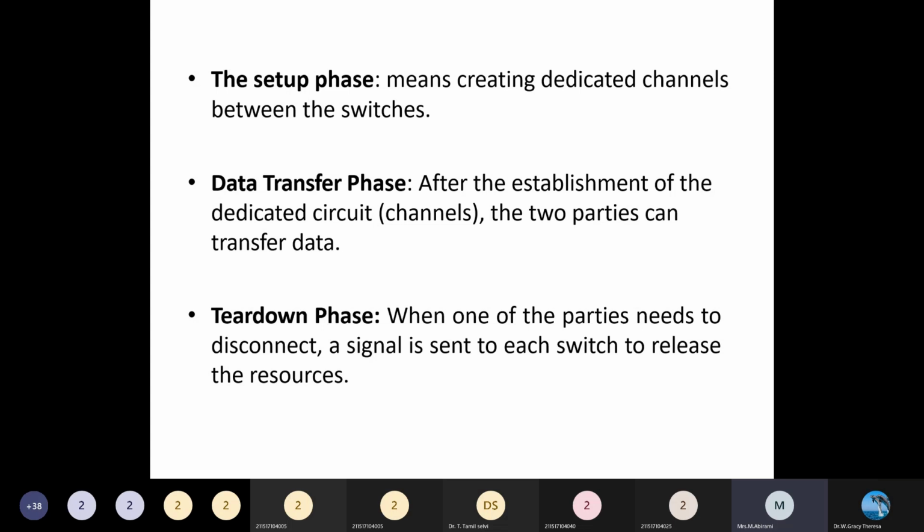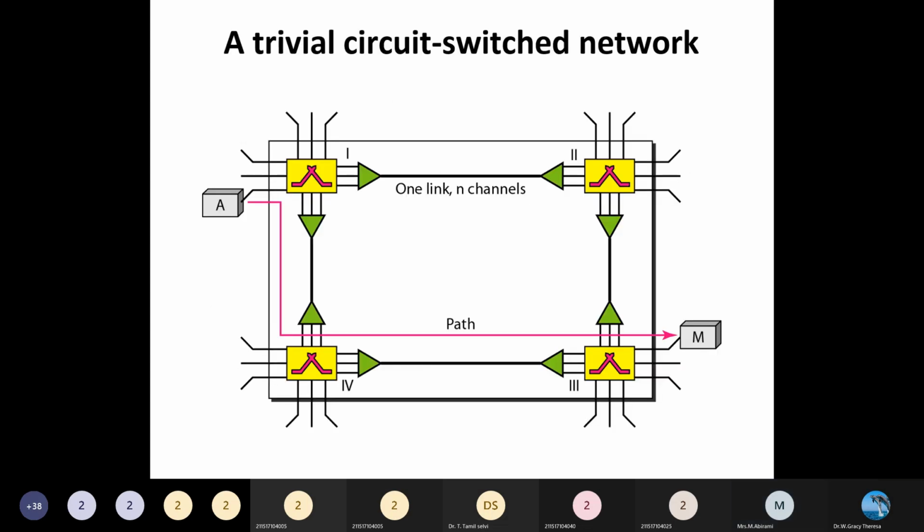These are used to calculate the time to move the network's data from one source to another destination. So the next slide is a trivial circuit switched network.